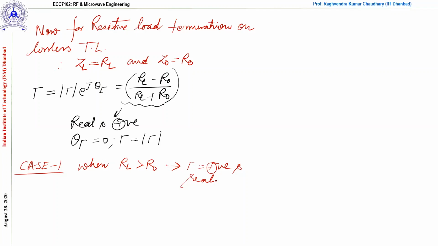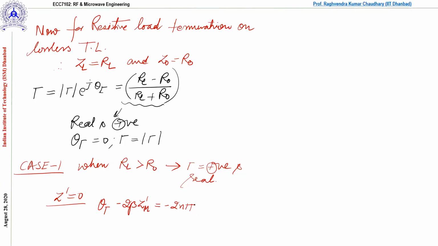Now at the termination, means at the load side when Z dash is equal to 0, what condition will be satisfied? The same thing we have seen: theta gamma minus 2 beta Z capital M dash is equal to minus 2n pi. This is quite obvious, because gamma is positive and real, and at the termination Z dash is equal to 0.